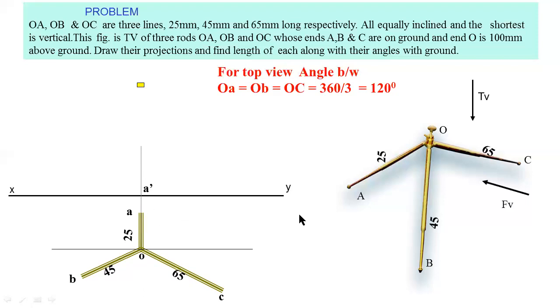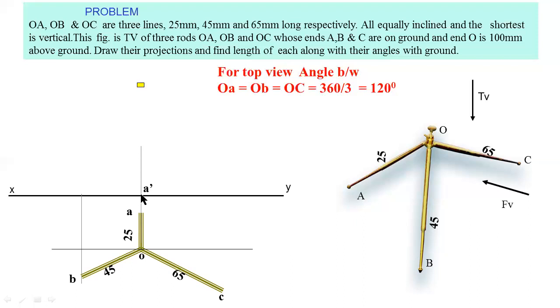The ends A, B, C are on the ground, from the given problem. So you have to consider these 3 points A, B, C on the XY line. The point A lies on the XY line because the end A is on the ground.